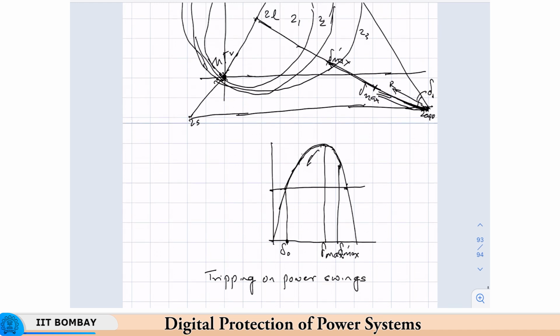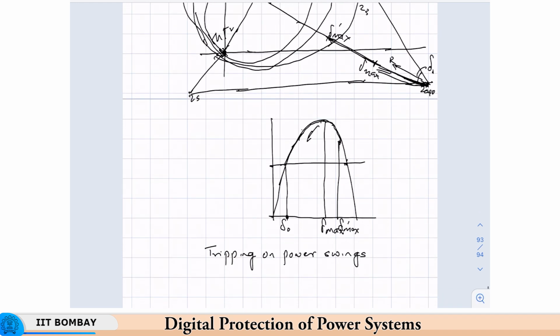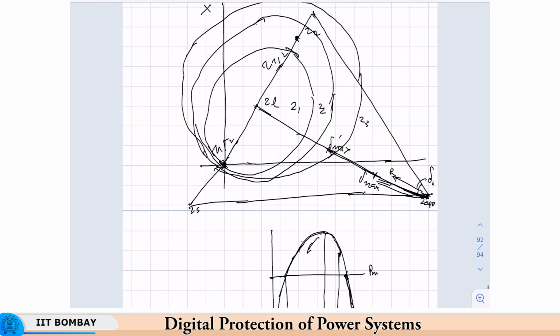Now, what happens if the swing goes beyond this point and then continues? We saw that here this is PM, so PM minus P is again positive, so the acceleration will continue, and once it reaches this point, this is 180 degrees. So, now at 180 degrees, what happens if this delta here is 180 degrees?